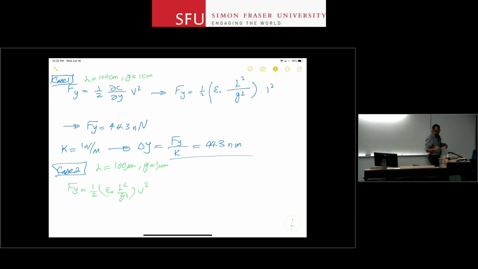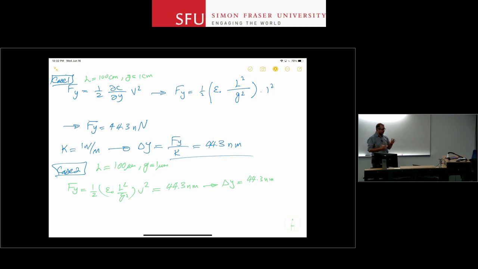That hasn't changed, and therefore I get the same force. And therefore my displacement will also be the same, because my restoring force is now the same, 1 Newton per meter for the spring.